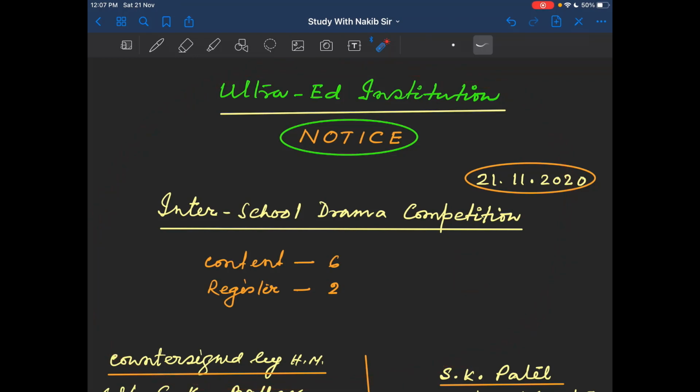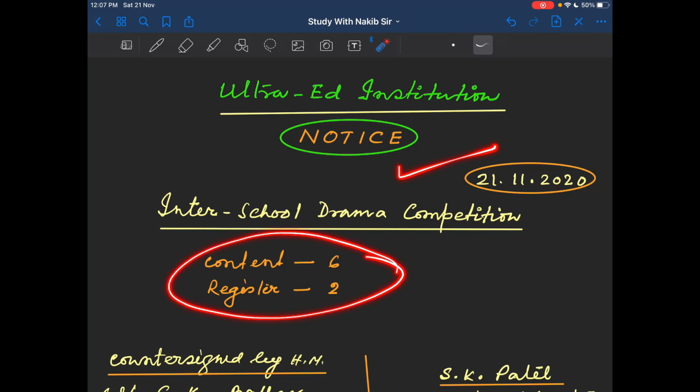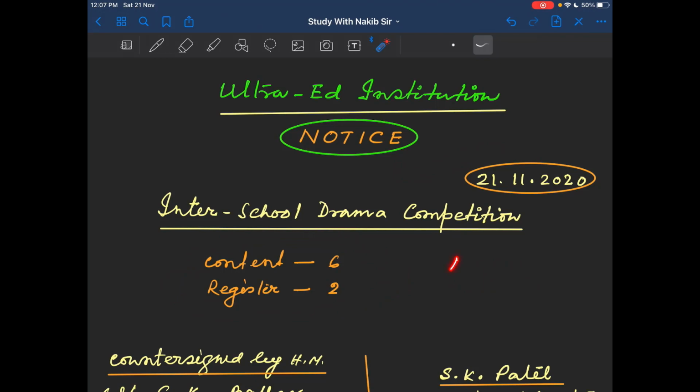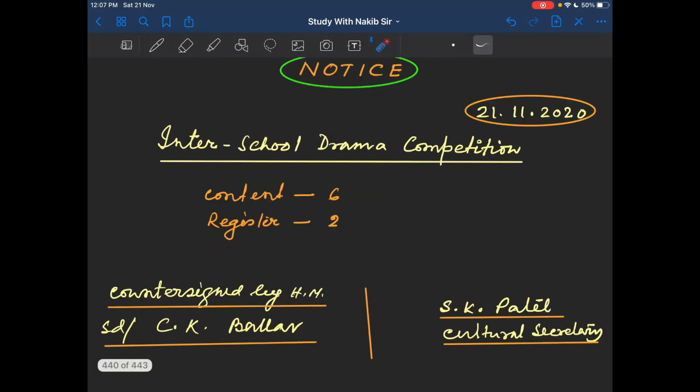No marks will be given for the format when the content is nil. Remember this. When the content is nil, no marks are given for the correctness of the form or format of the notice. Remember this.